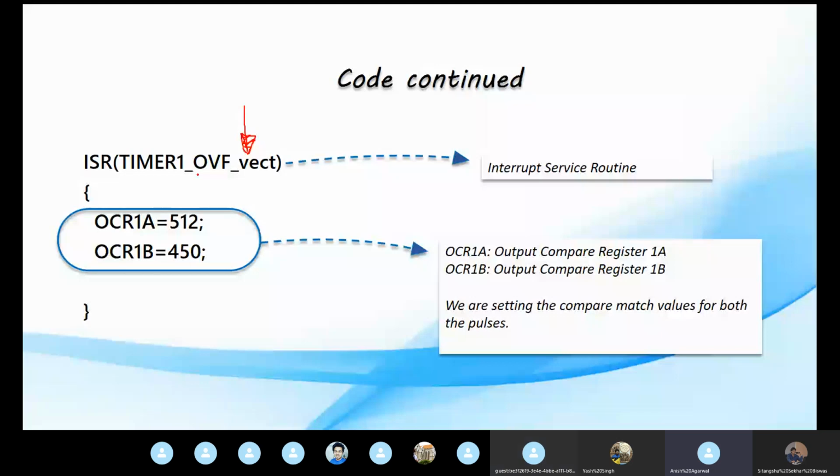So it will remain high from 0 to 450. Then it will remain low from 450 to 1024, and also remain low while down counting from 1024 to 450. And then while down counting from 450 to 0, at 450, 449, 448, it will again become high.